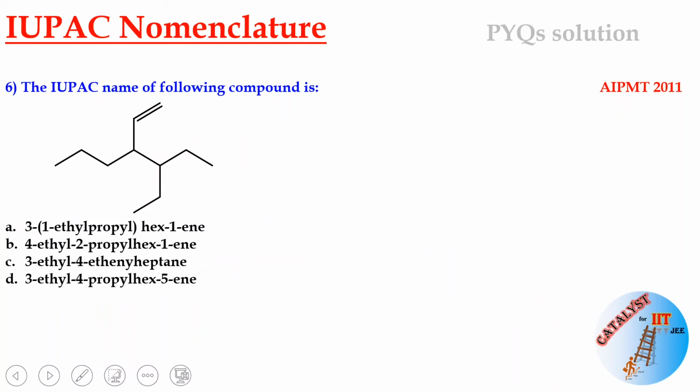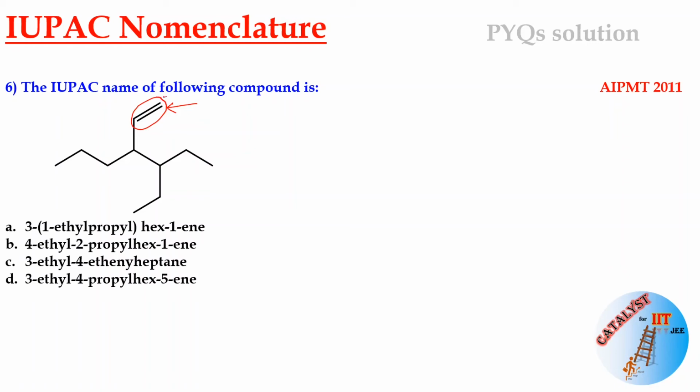Now this is your next question, and you have to find the IUPAC name for this compound. Now you have to include this double bond while naming your parent chain. It is mandatory. It is according to the rules set by IUPAC. Okay, now the first task is to find the correct parent chain, so that it includes this double bond as well as the highest possible number of carbons.